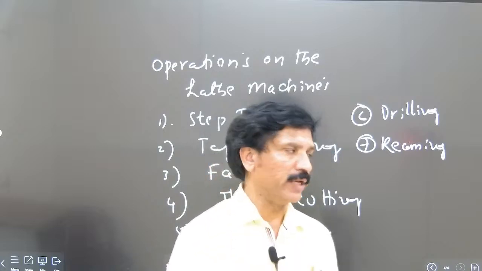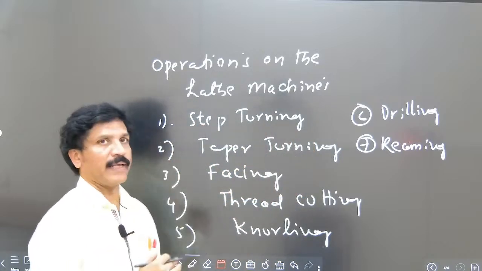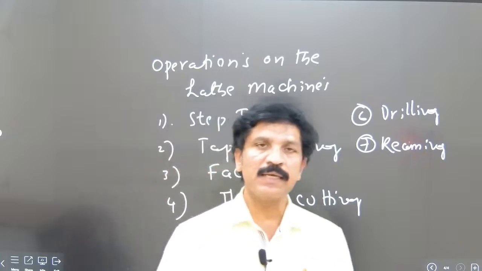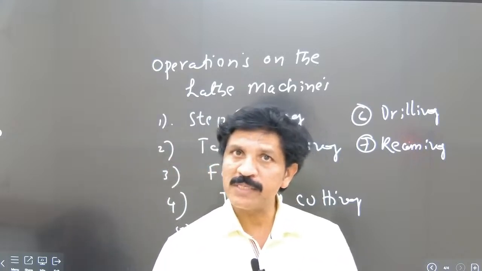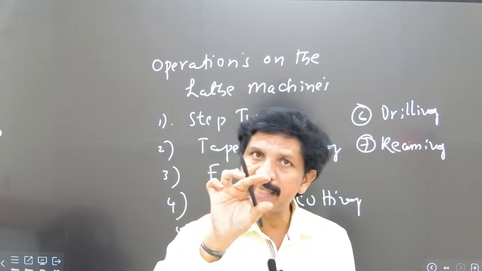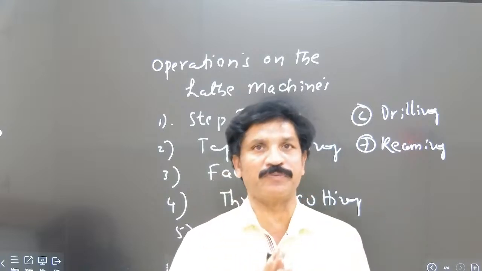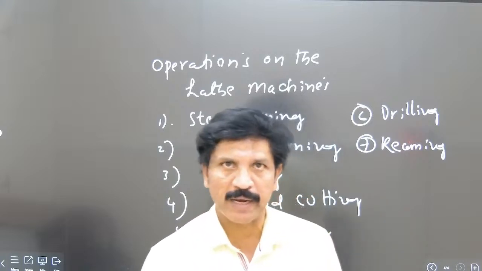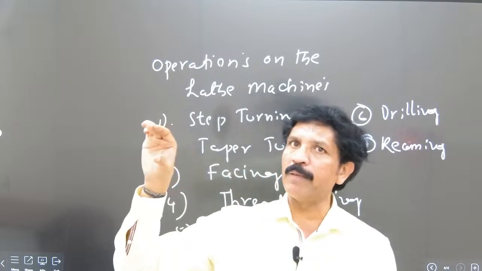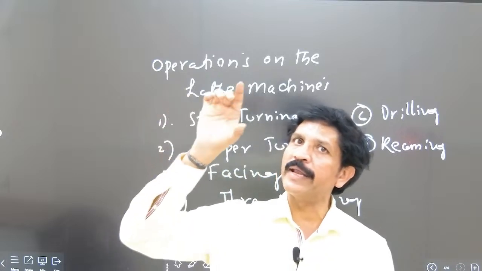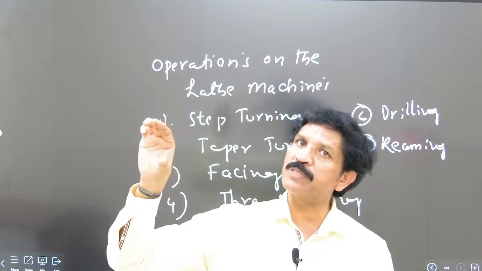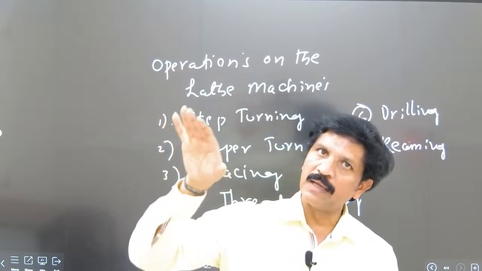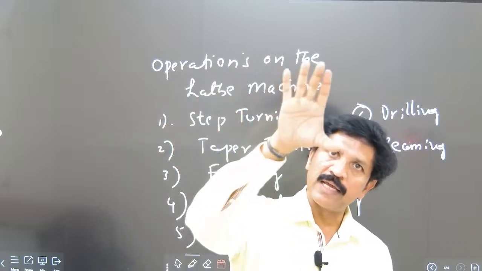So coming to here, what is step turning? Step turning is when the workpiece has different diameters simultaneously. For example, 10 mm, next 15 mm, next 20 mm. The first step is 10 mm in length, the next 15 mm, the next 20 mm.